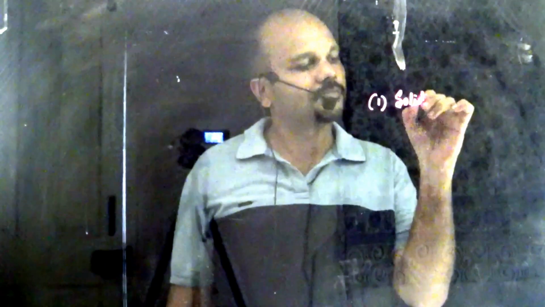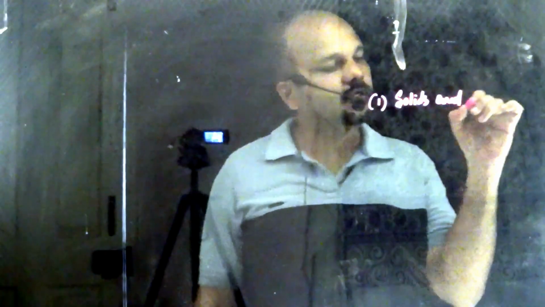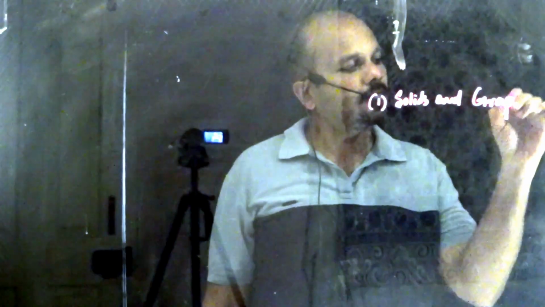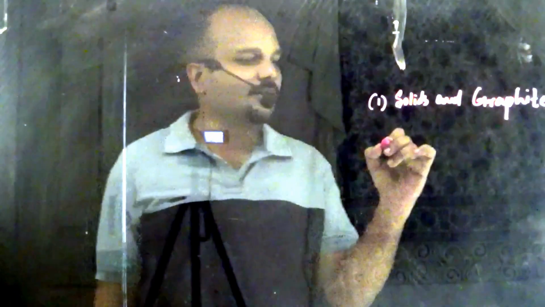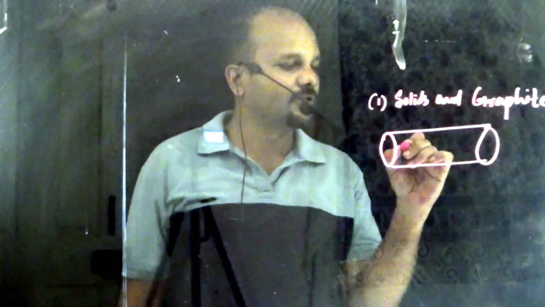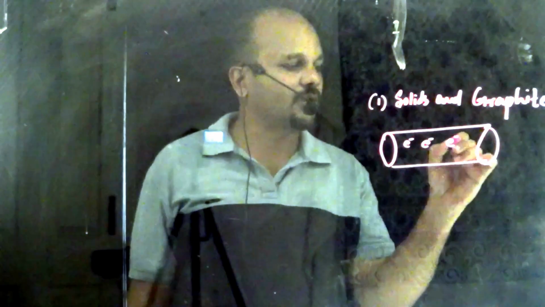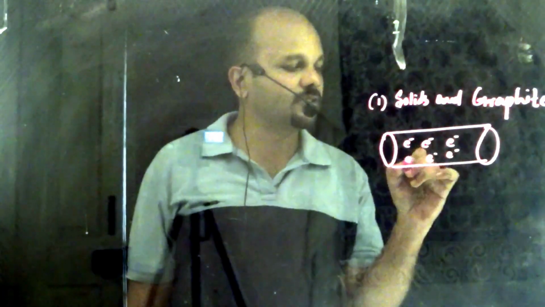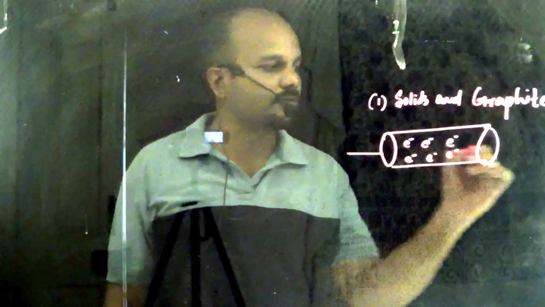Let's see some of the conclusions we got from the results so far. The first one is that the conducting things are solids and graphite. Usually, if you consider a metal solid, it has free electrons, a pool of electrons.